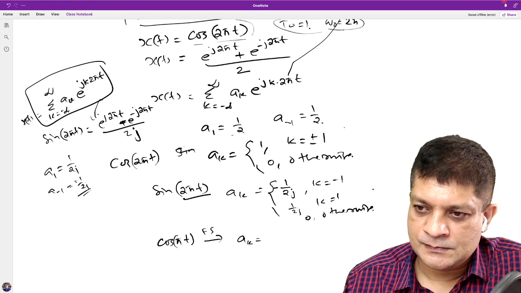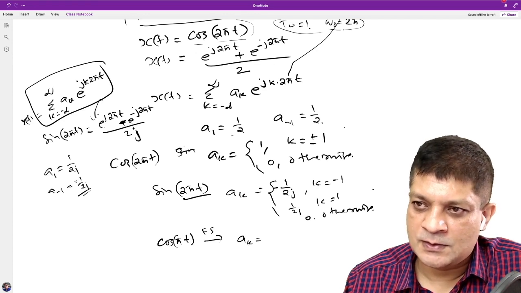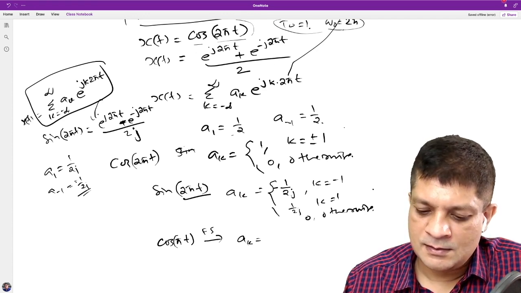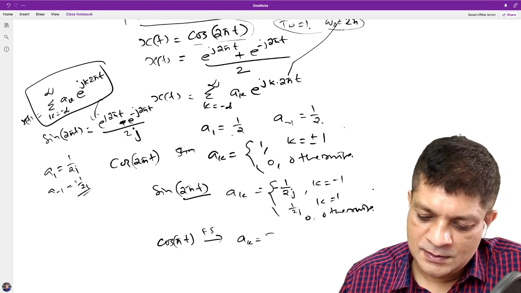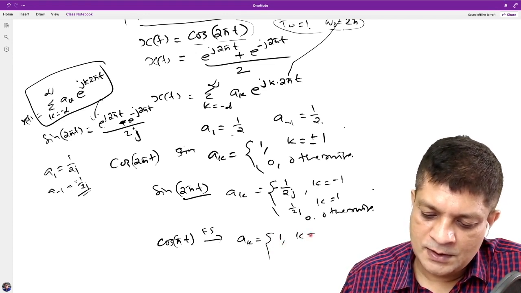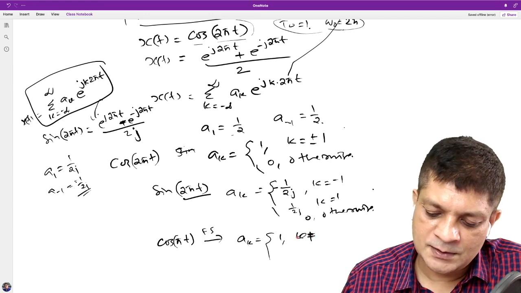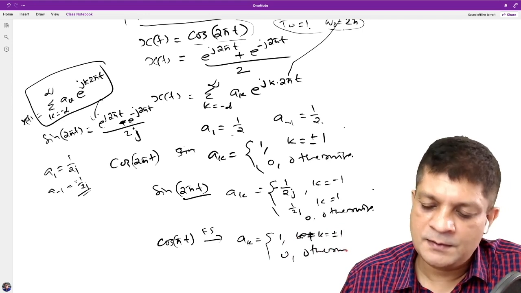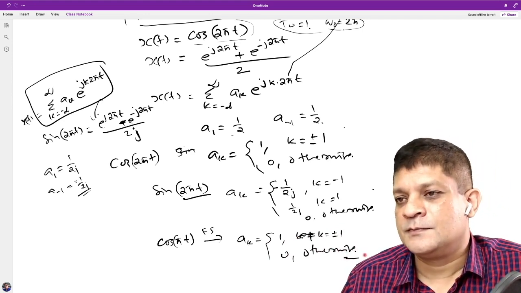Same as above. Above which one? Cos 2π t. That means, is it 1 for k plus or minus 1? Sorry, when k is plus or minus 1 and 0 otherwise? Is it that? Yes, sir.